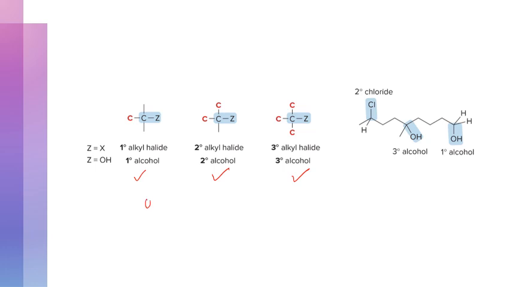If it is an OH group attached, we call it a primary alcohol. If it is a halide, any chloride, bromide, iodide, we call it a primary alkyl halide. Same thing with secondary alcohol and tertiary alcohol, tertiary alkyl halide, secondary alkyl halide. And the skeletal structure is also given, so you should be able to identify from the skeletal structure as well.